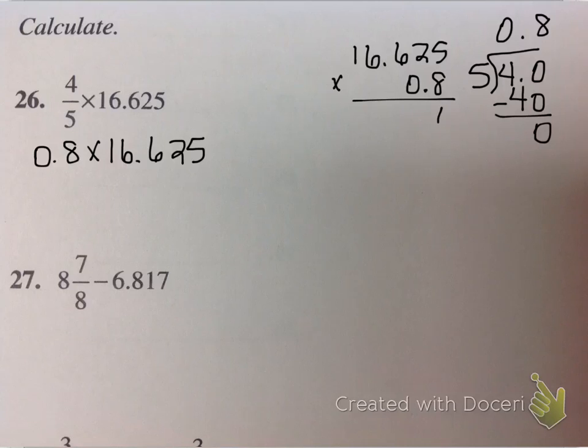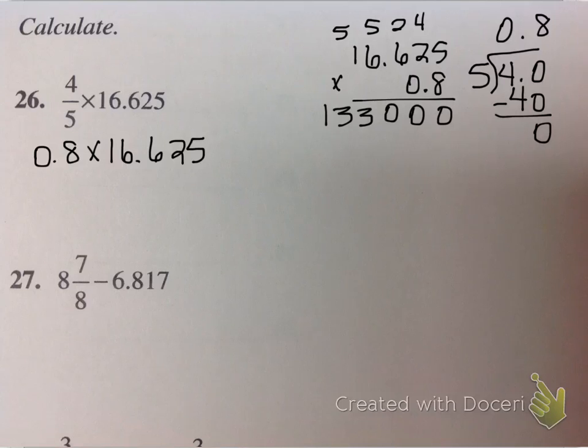So 8 times 5 is 40. 8 times 2 is 16, plus 4 would be 20. 8 times 6 is 48, plus 2 would be 50. Look at all those zeros. 8 times 6 is 48, plus 5, so it would be 53. And 8 times 1 is 8, plus 5 is 13.